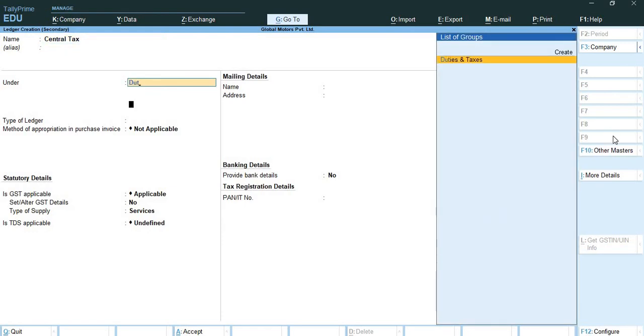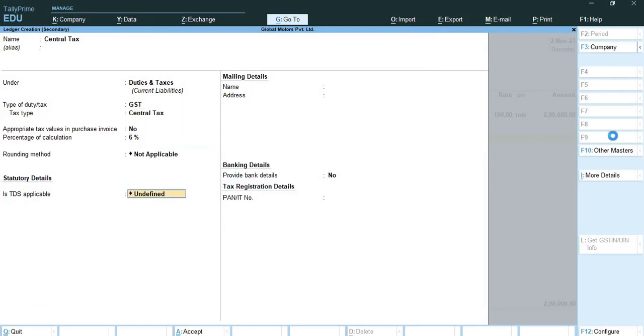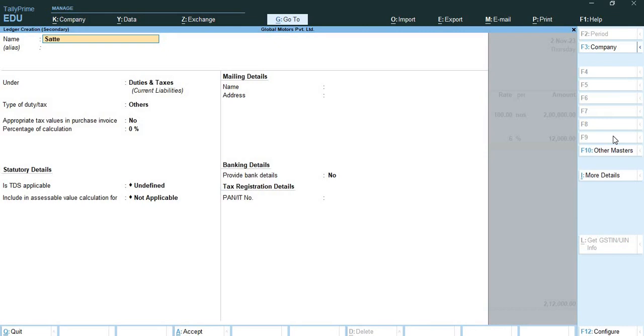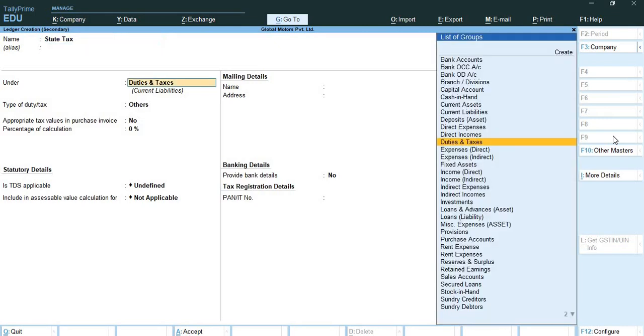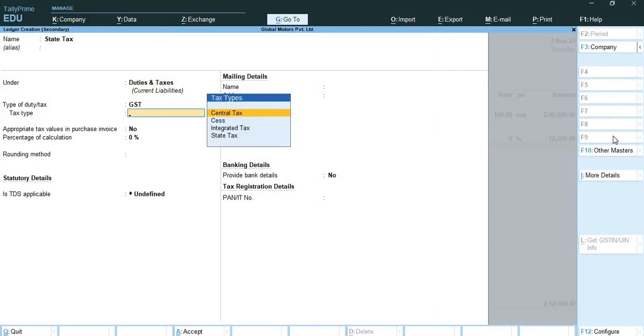Under duties and taxes, I will select GST central tax at the rate 6%. It comes out to be 12,000. Then I'll create another ledger of state tax. Under duties and taxes, type of duty will be GST, state tax 6%.